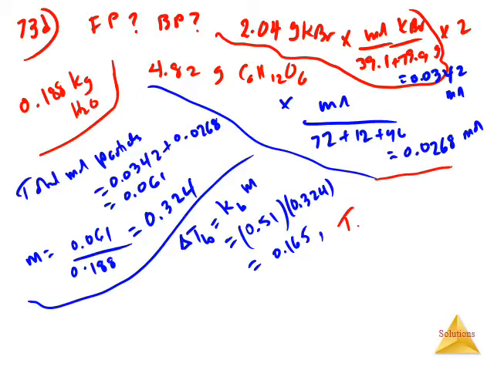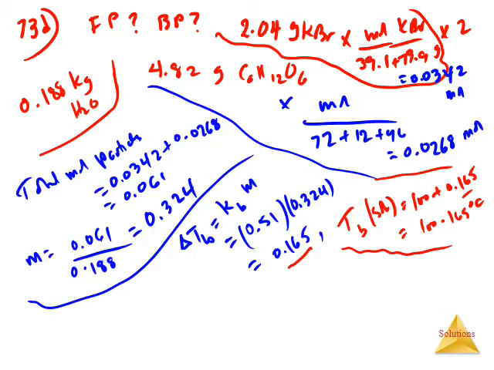So boiling point for solution after you mixed all these substances would be normal boiling point of water, which is 100 degrees, plus the increase of boiling point by this quantity, 0.165. Remember, when you add a non-volatile solute, it increases boiling point by delta TB. So that needs to be added to the normal boiling temperature. So you basically get 100.165 degrees centigrade. So that's the boiling temperature of the solution.